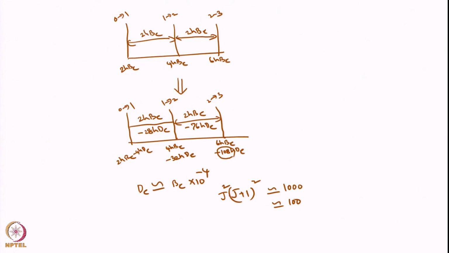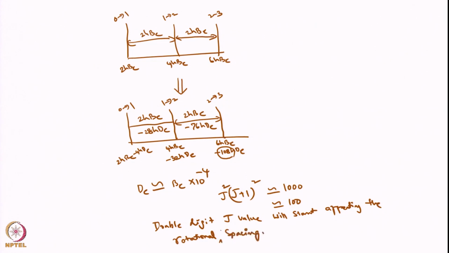That means we have to go to very high values of J. What high values of J? The values of J that are at least in double digits. So, double digit J values will start affecting the rotational line spacing.